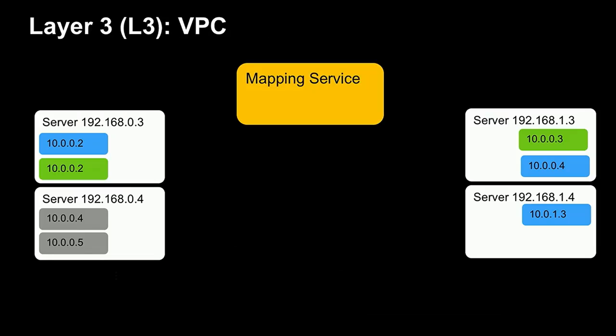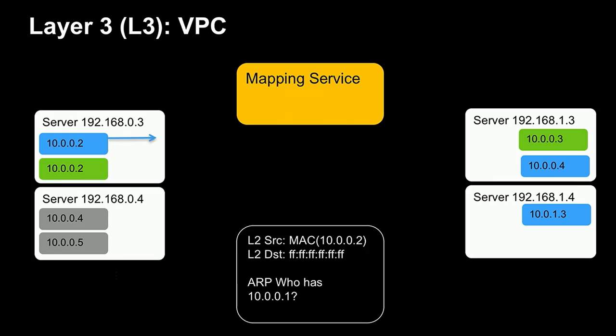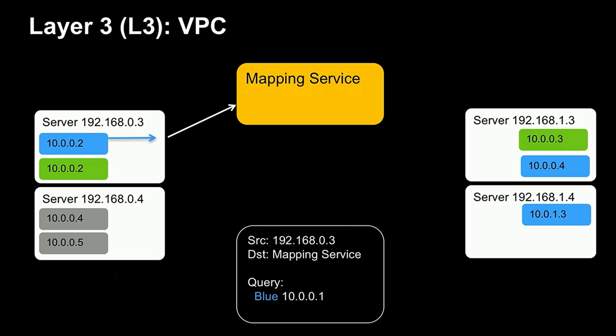So this works pretty much the same way as L2 from an Amazon VPC perspective. The node at 0.2 wants to talk to the node at 1.3, makes an ARP for the default gateway, what we call the implicit router. That's intercepted by the hypervisor and sent to the mapping service, and the mapping service understands that Amazon's VPC infrastructure is the implicit router.